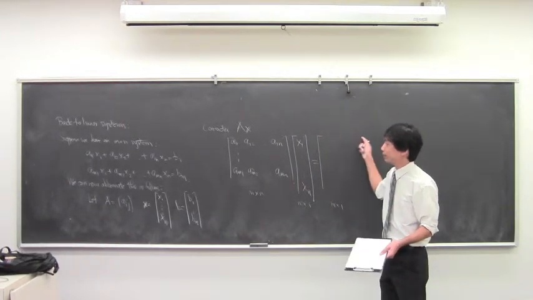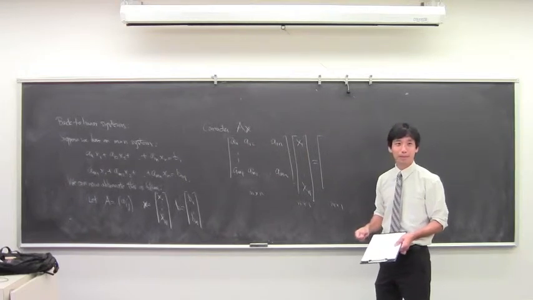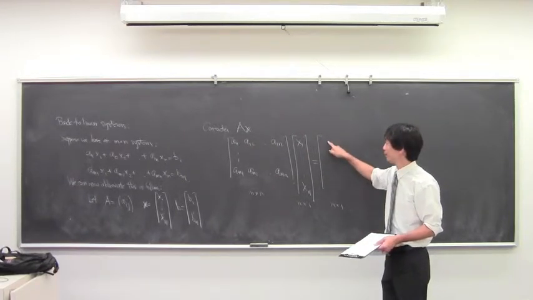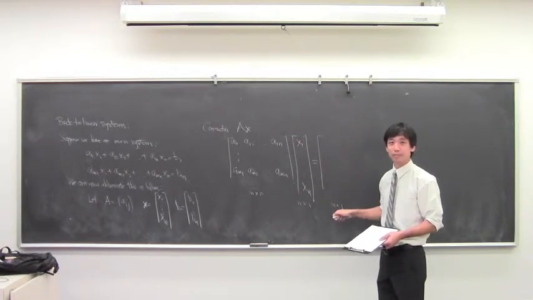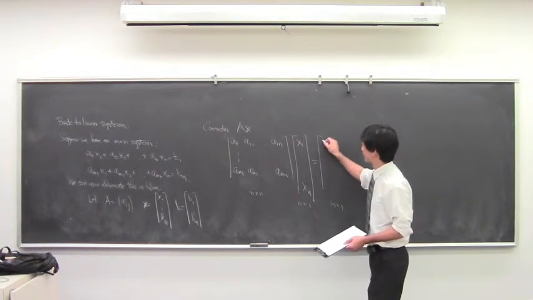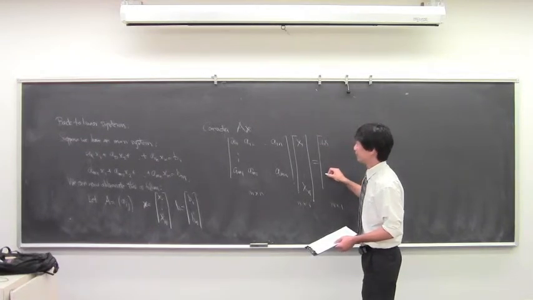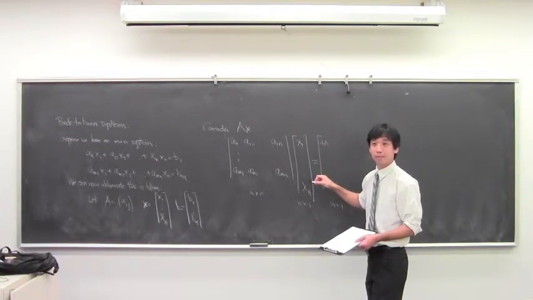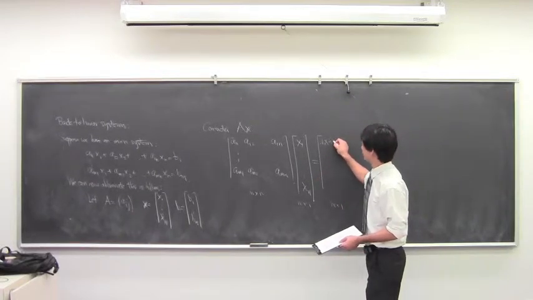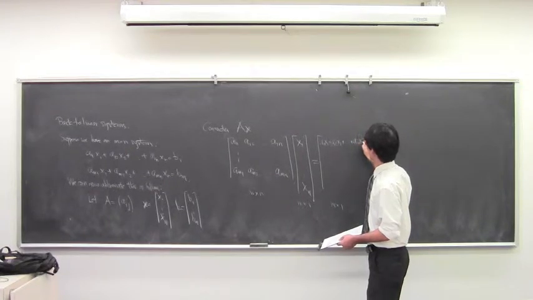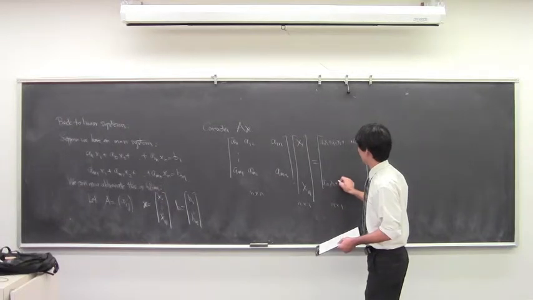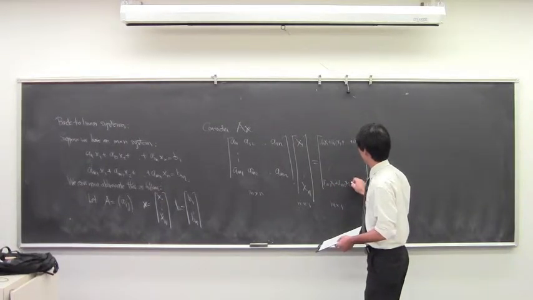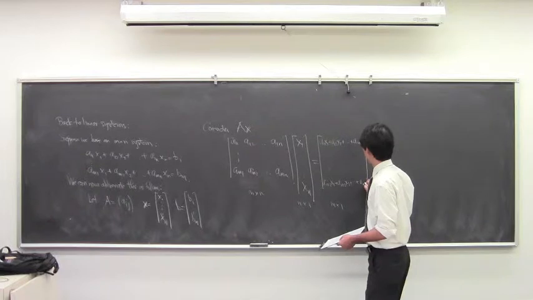What are the entries? There are m entries here. What's the first one? a11 x1 plus a12 x2, all the way down to am1 x1 plus am2 x2 plus through amn xn.